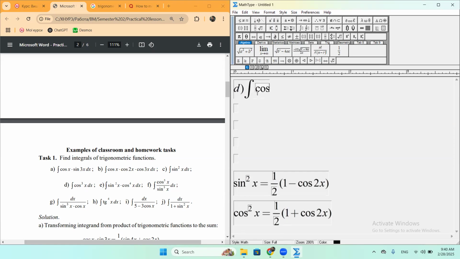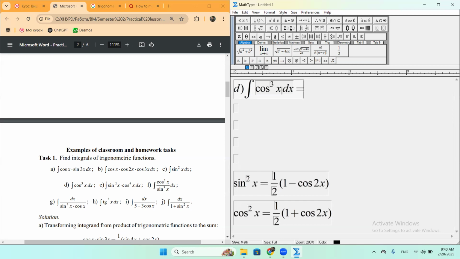So cosine cube of x. So any ideas how to solve it? Daniel? I think we can write cosine square x multiplied by cosine x, and then we can use the formula to lower the power of cosine square.